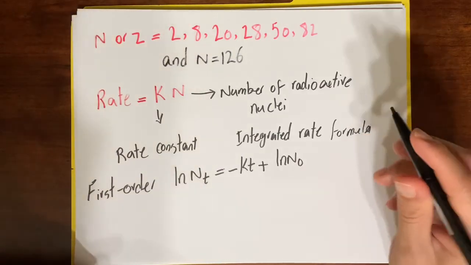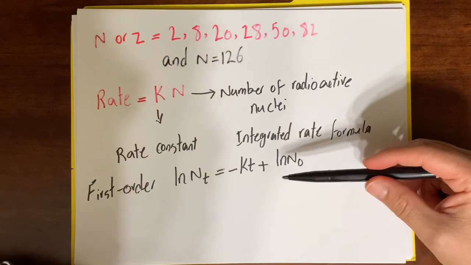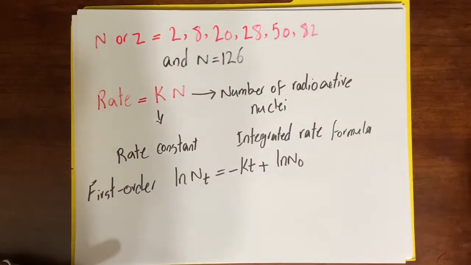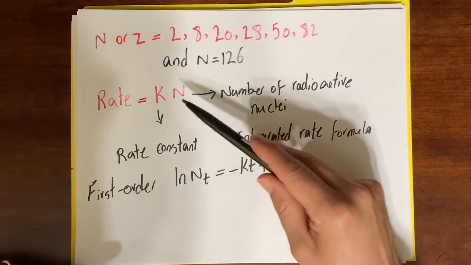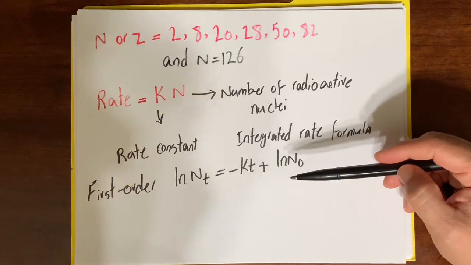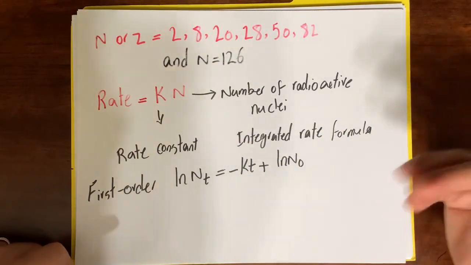And this one is going to tell you after T time what will happen with N, how fast N is going to go down. You'll know it through the K. Next thing, you will know how much of N is left after T minutes or T hours or years.